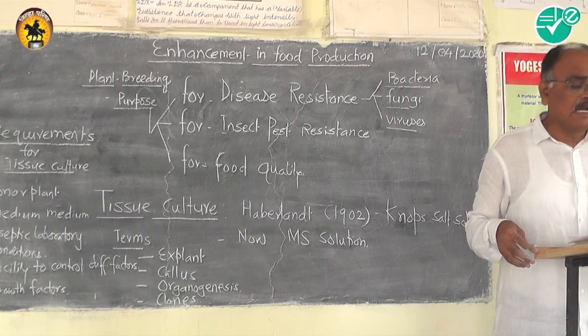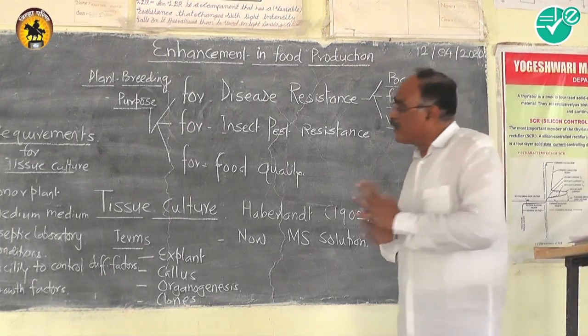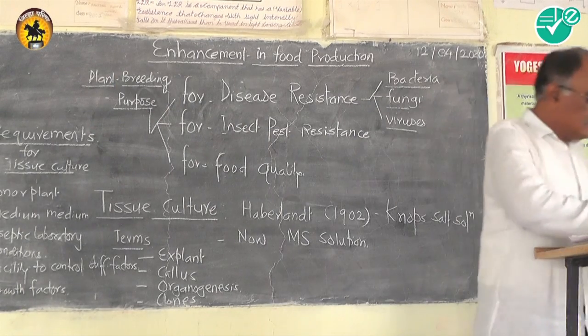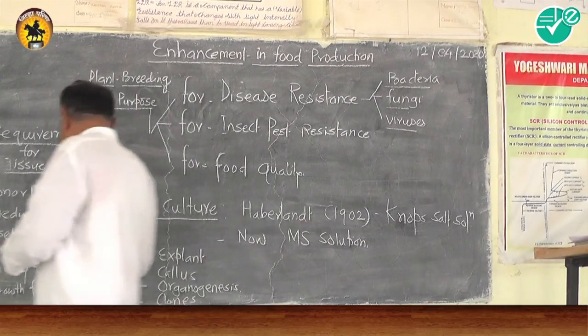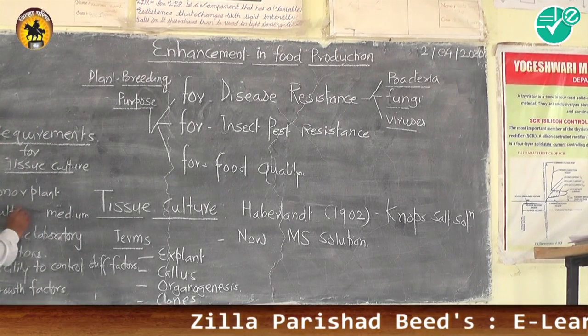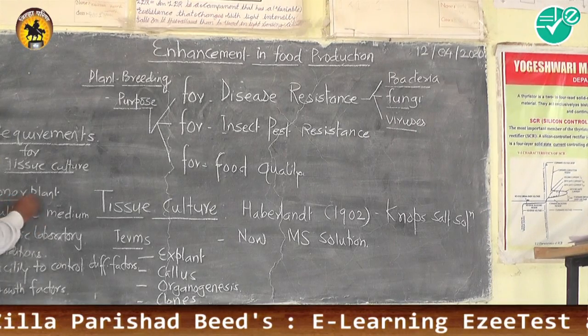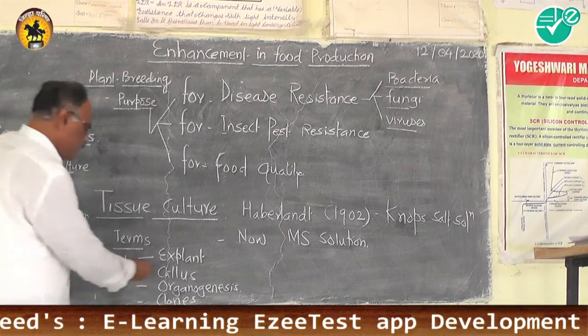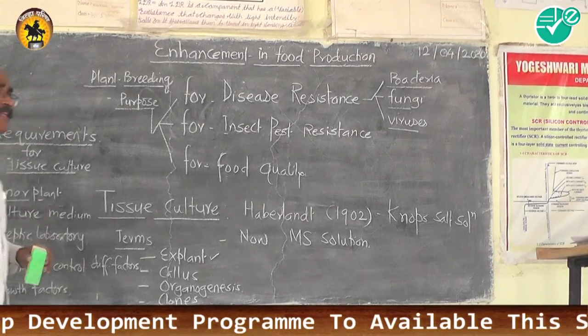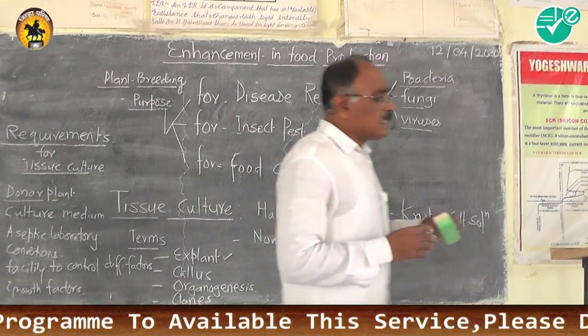Now, the nutrient or culture medium being used. We know the donor plant provides the explant. The culture medium is needed. How is this culture medium?